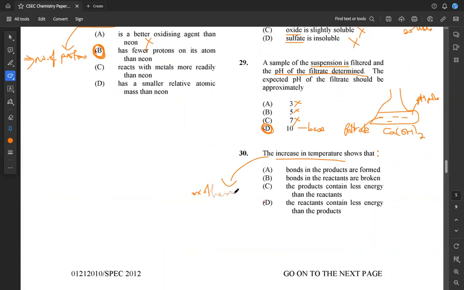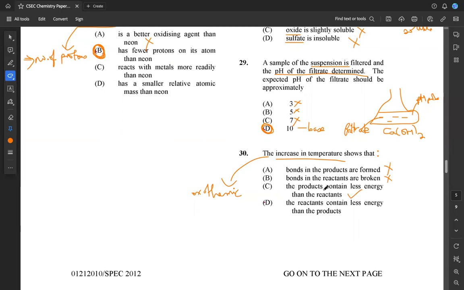So in an exothermic reaction, does the increase in temperature correlate to the bonds in the product being formed? No, that's not true. Does the increase in temperature correspond to the bonds that are being broken? That's not true either. Is the increase in temperature corresponding to the products containing less energy than the reactants? That's true.